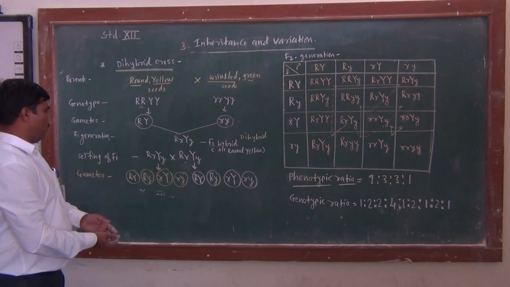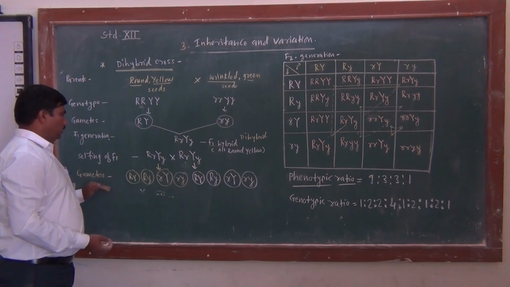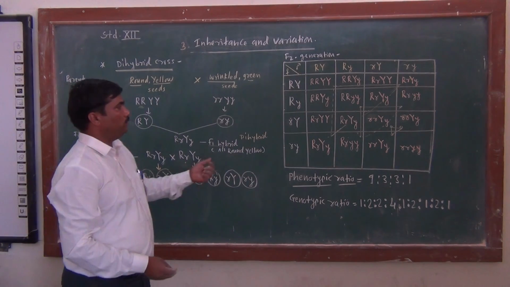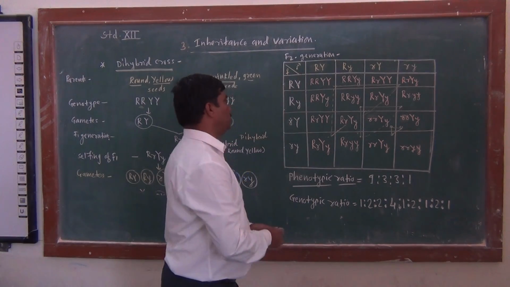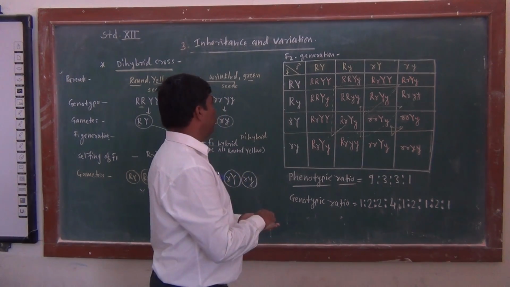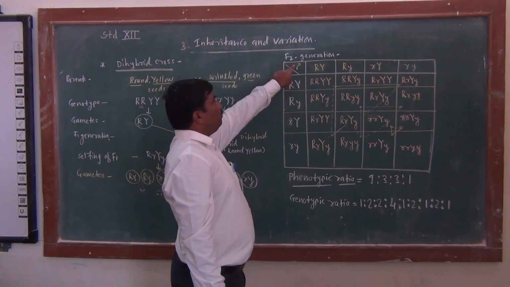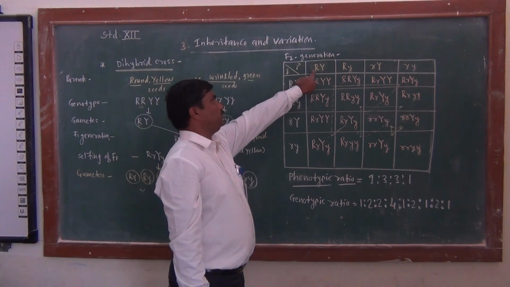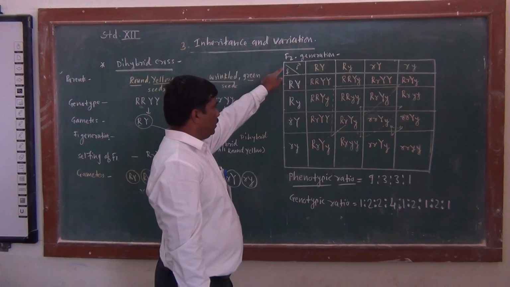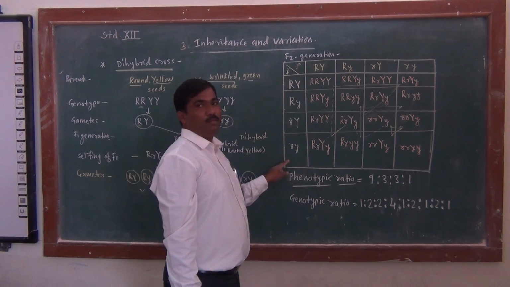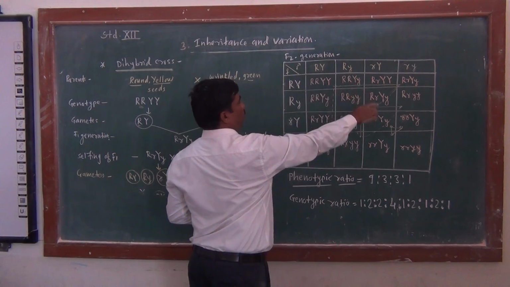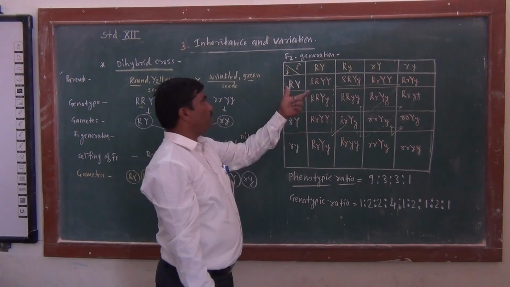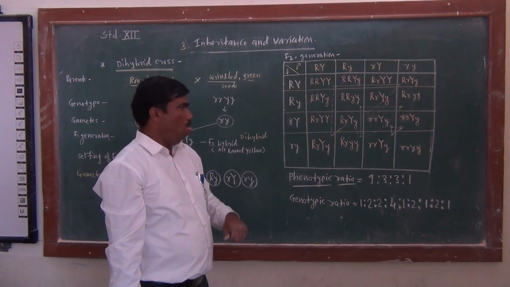These gametes are formed, and by using a checkerboard, the F2 generation is obtained. On the upper side you write the male gametes, and on the left-hand side you write the female gametes. These gametes fuse together to form the different individuals. Four gametes are formed.